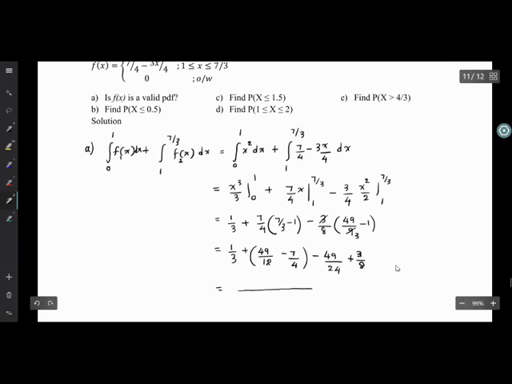Let's try to get the common factor. 24, 8, 49 times 2 is 98, 6 times 7 is 42, minus 49 plus 9.